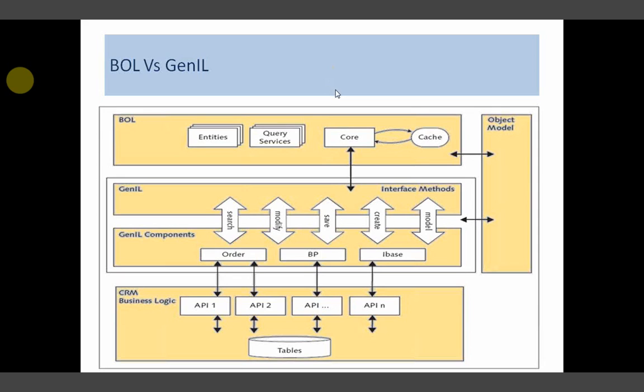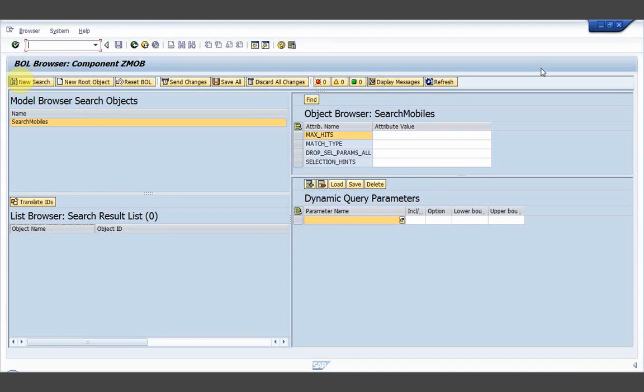When we send a request, for example when we select Find, it goes back to the GENIL layer and sends all the data: search mobiles is my search object, and my query parameter and my selection parameter are so and so, and I would like to get the result for this.